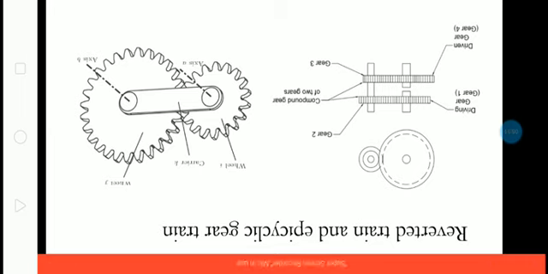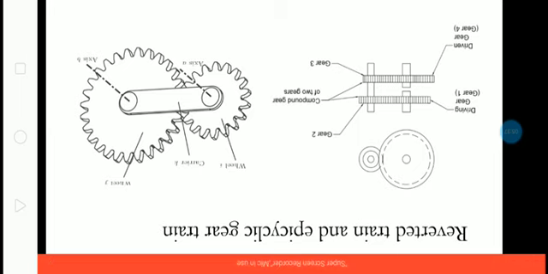Imagine there is a shaft along axis B, and then the shaft rotates. Wheel J will rotate. When wheel J rotates, wheel I will also rotate. And wheels J and I are connected with an arm, which is represented here as a carrier. It is a rod used to connect wheels I and J.